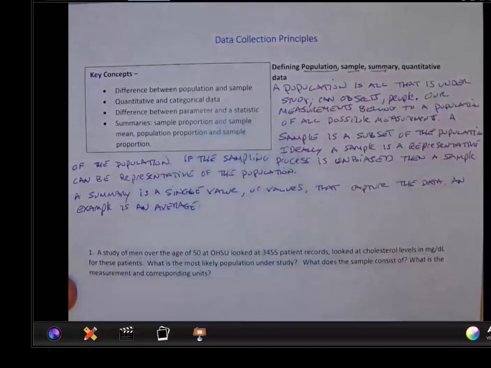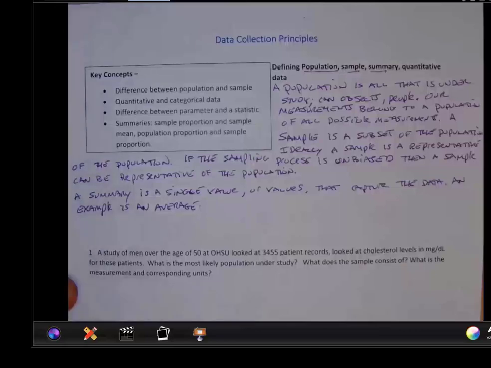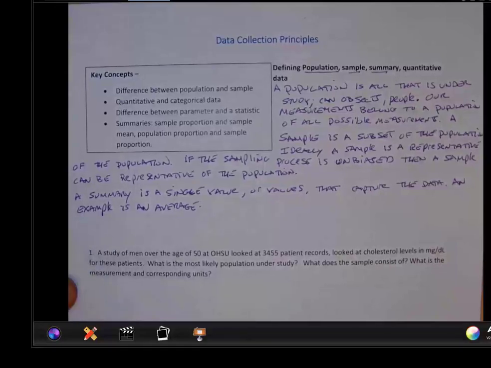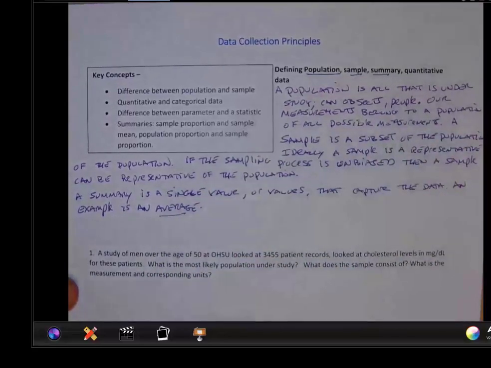The whole point of an average is to capture the singular parts of the data. For example, if you said, on average, I can make $18 an hour selling something on the market, then that number, the average, gives you an idea of what the individual values look like. So an average is really an example of a summary.